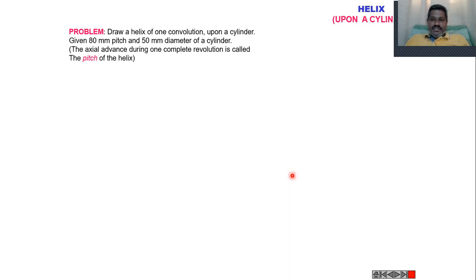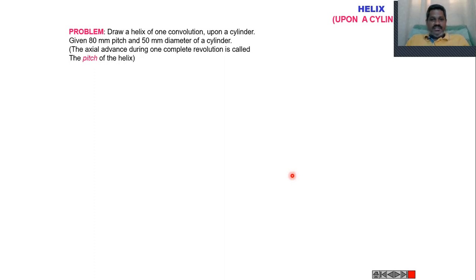Here 80 mm pitch means for one revolution of the point on the circumference of the cylinder, the point is going to advance 80 mm distance along the axis of the cylinder. That is called a helix.